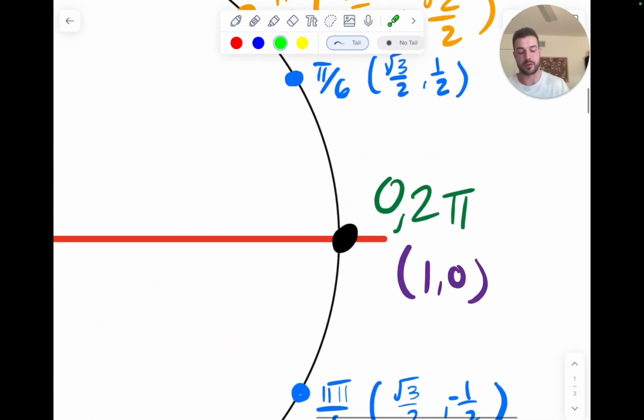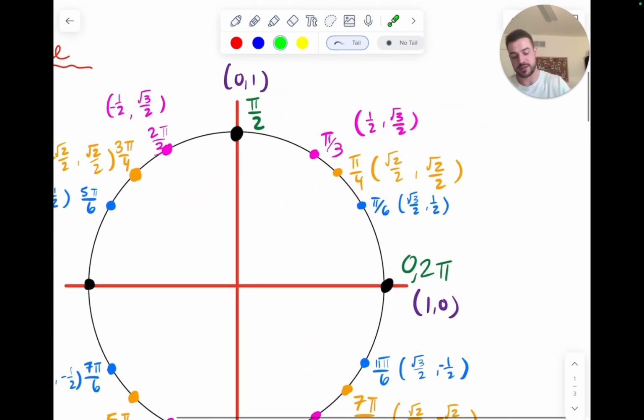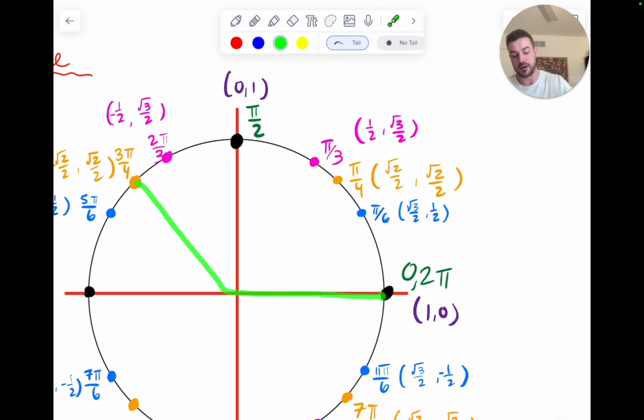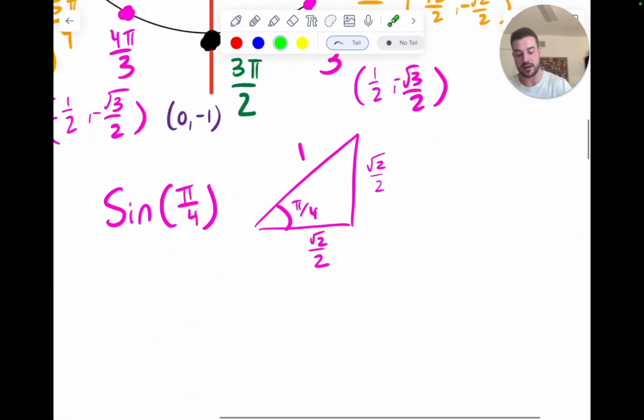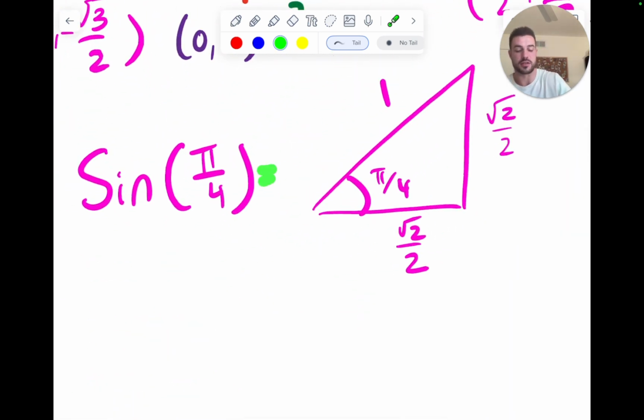So for example, if we had to do sine of 3 pi over 4, all we need to do is take the y value of that measurement on our unit circle. So sine of pi over 4 is equal to root 2 over 2.